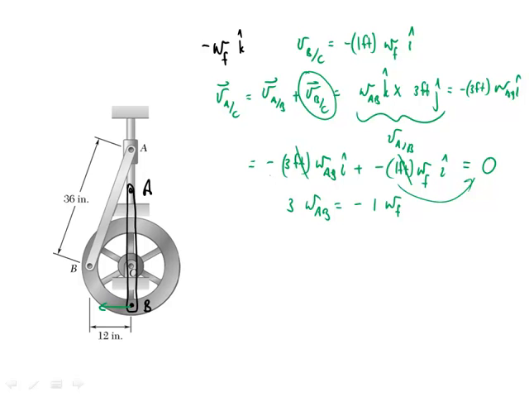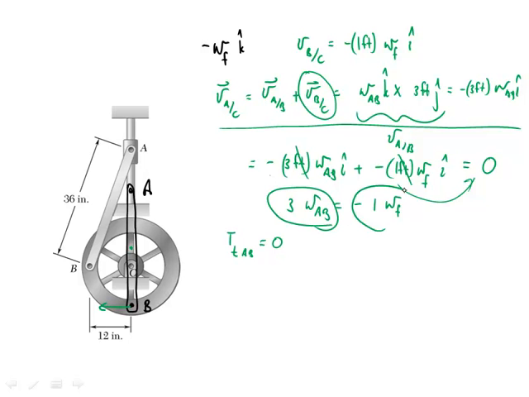But what that means then also is that the velocity of A is 0, because there is no j component anywhere in this equation. If the velocity of A is equal to 0, I can similarly find out 3 omega AB is omega F. This will also turn out to tell me that the velocity of G in this position is also equal to 0. So there is no translational kinetic energy for bar AB in this downward position. And I also know the relationship between omega of the flywheel and omega AB.